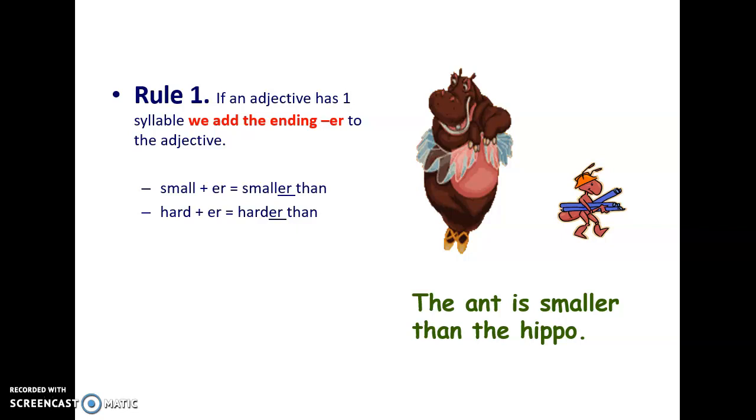What is a short adjective? The one that only has one sound. Which are other examples of this? Big, tall, thin, all of them are always going to be short adjectives. So if you have any question about this, please write it down so I can answer your questions in our meeting. We are going to answer the doubts in our meeting.